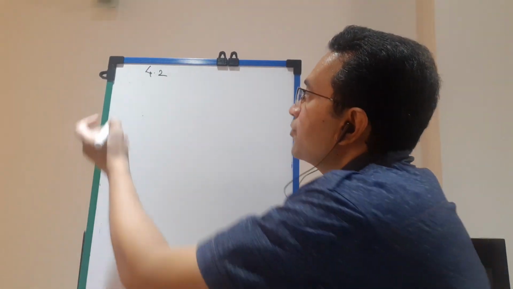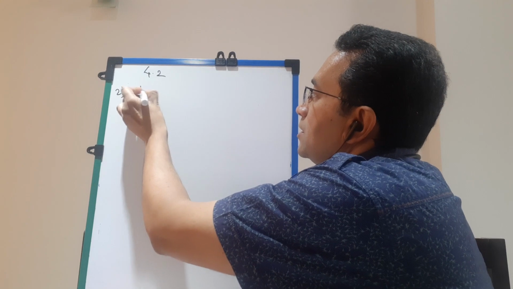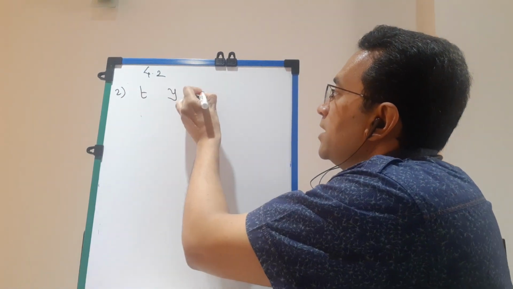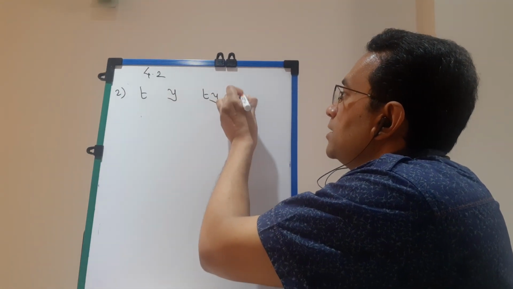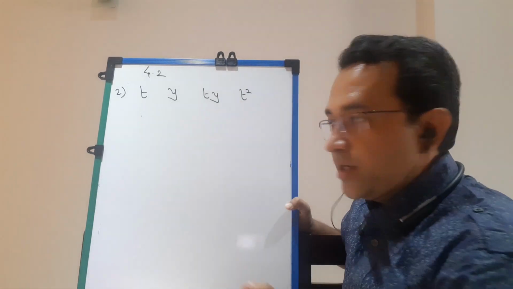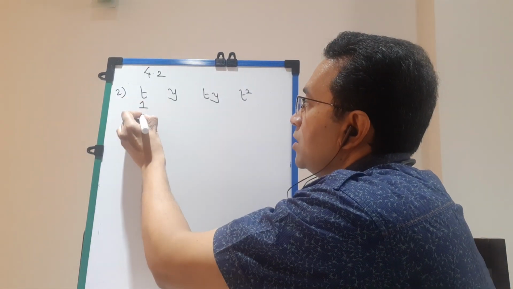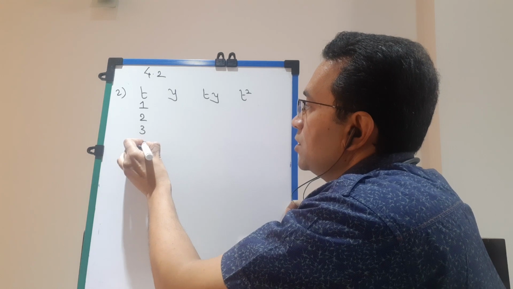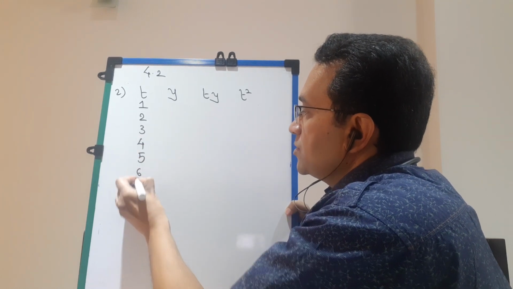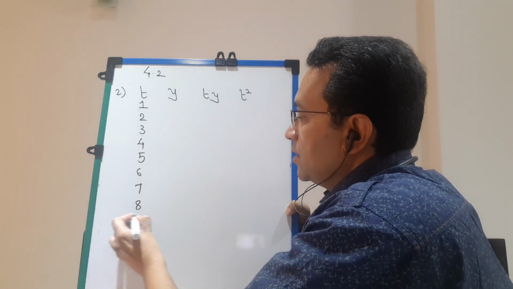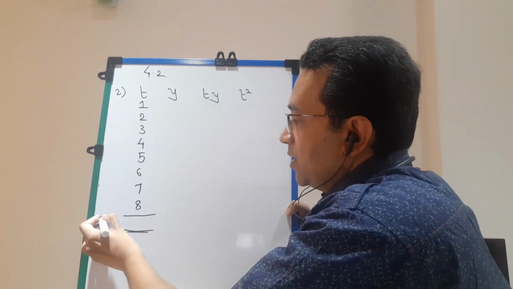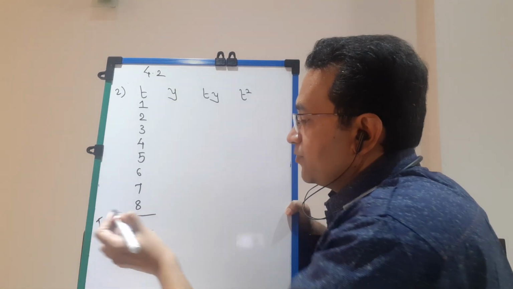Second column t, then t into y, and the last is t square. We have 8 values of t: 1, 2, 3, 4, 5, 6, 7, 8. And then students, of course, we write totals.